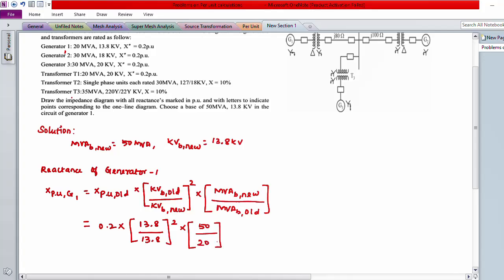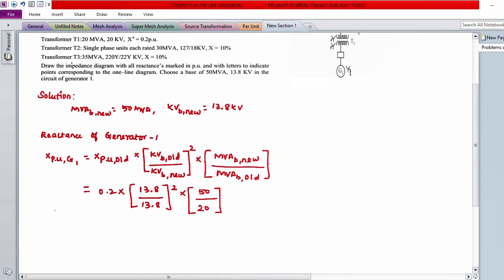You simplify this value, the X per unit for generator 1 is equal to 0.5 per unit. So we have to use the calculator for simplifying these values.